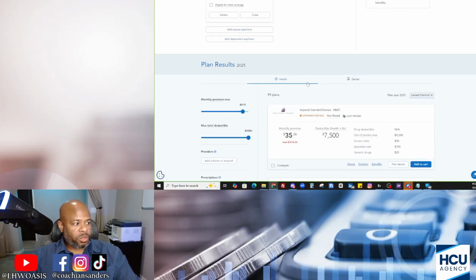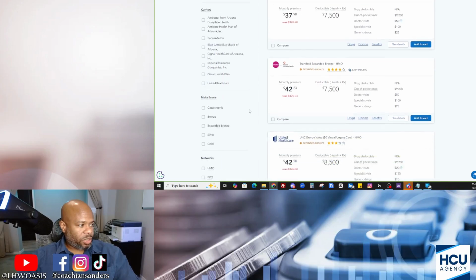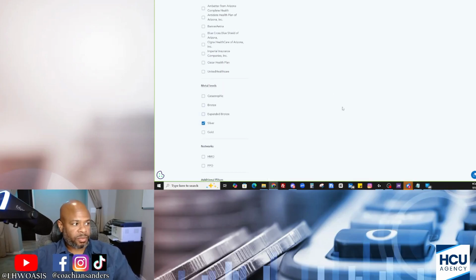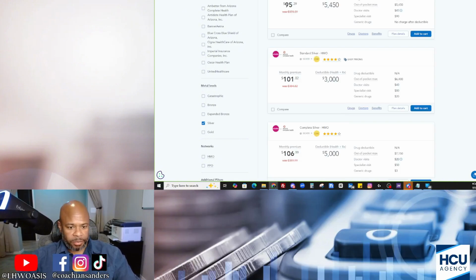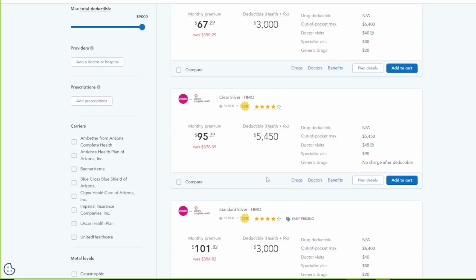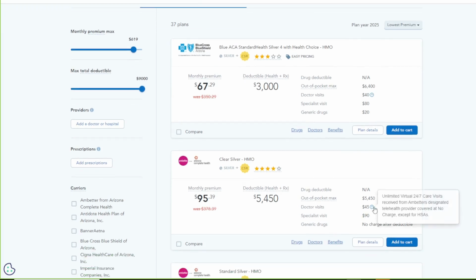Okay, so now we'll scroll down and we'll see the different plans here. Now, what we want to do is look for a silver plan, and that's because it's a CSR. And so now we're going to take a closer look at these plans. So we see the Blue Cross Blue Shield plan. It's decent as doctor visits, specialist visits. It has a deductible and then $6,400 out of pocket.